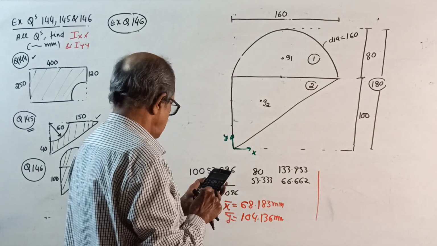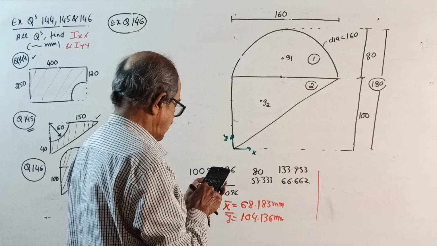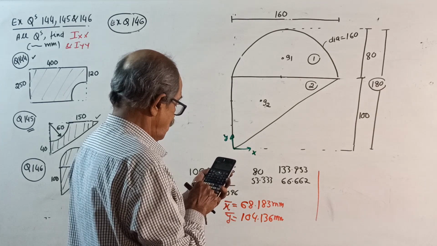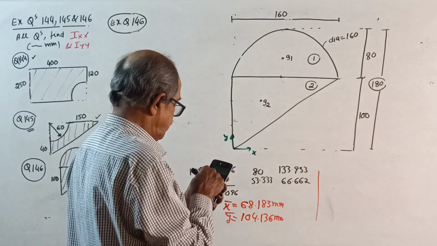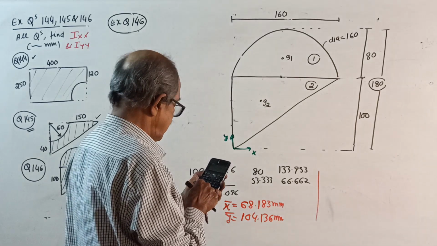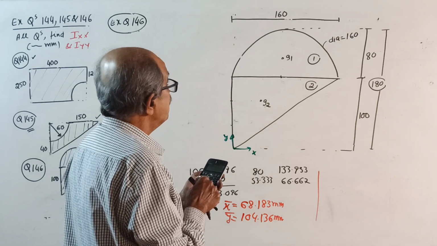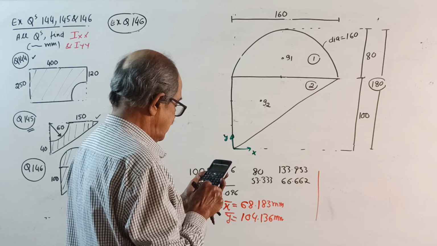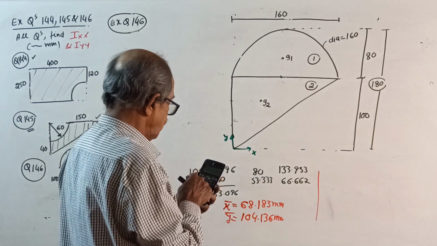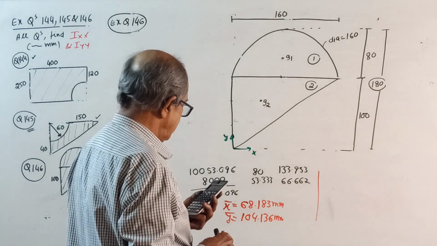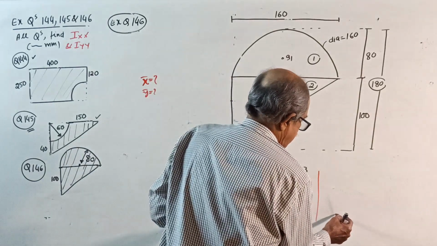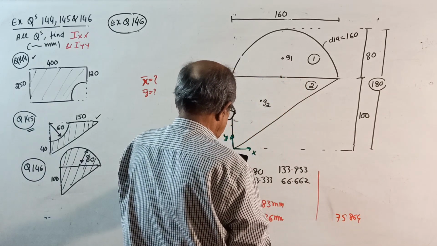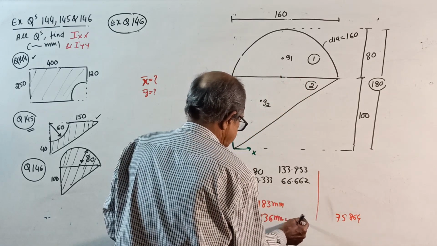I will check it. 10053.096 into, that is 80 minus 2 into 160 divided by 3 divided by shift pi, plus 8,000 into bracket 80 plus 100 by 3, divided by shift store A. 75.864. 75.864 minus 180 is perfectly correct.